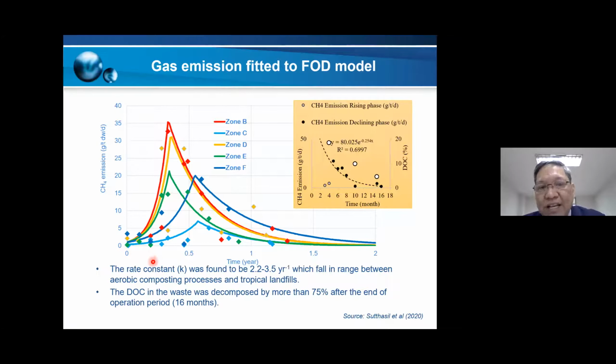You can see we have a gas rising period followed by a reduction due to the stabilization of organic waste. We have found that the biodegradation of waste in the windrow pile is between the aerobic composting process and the anaerobic landfill.